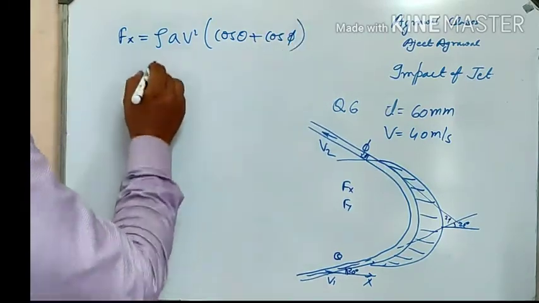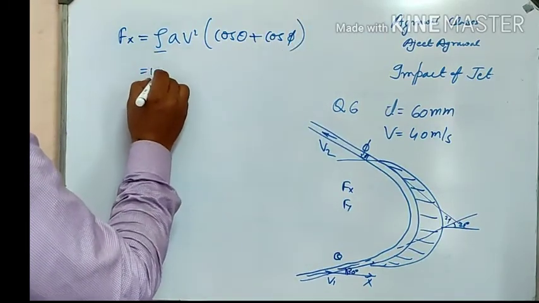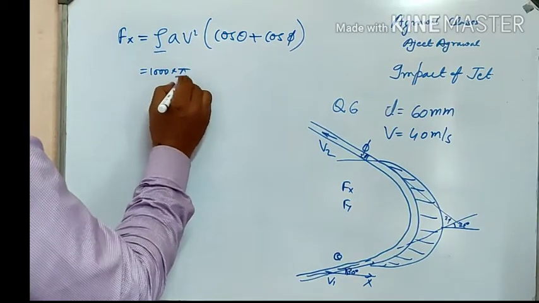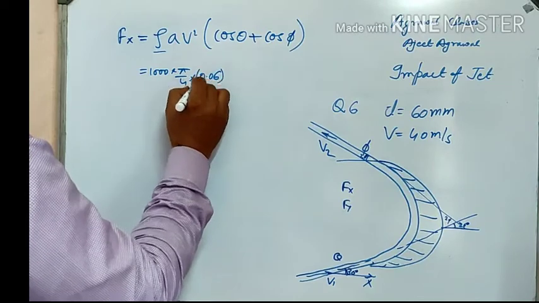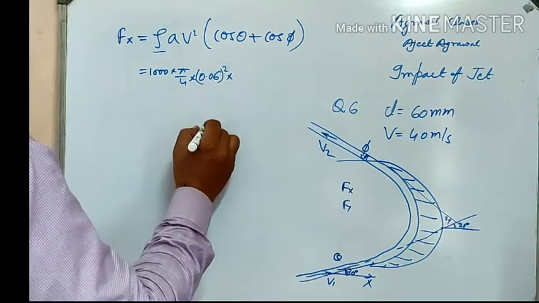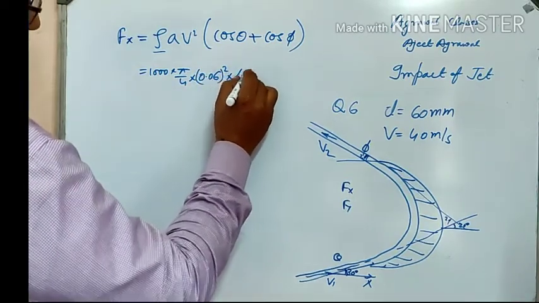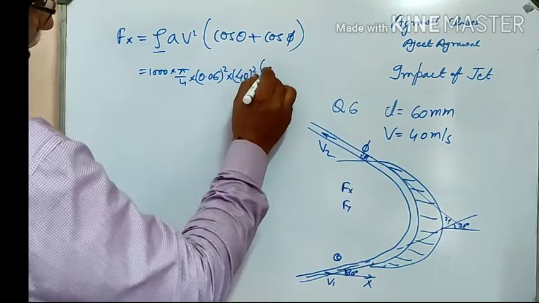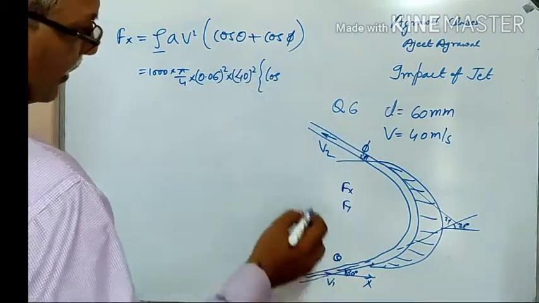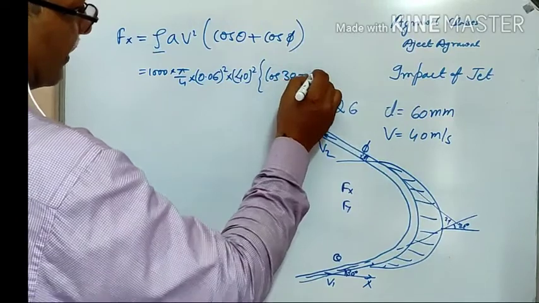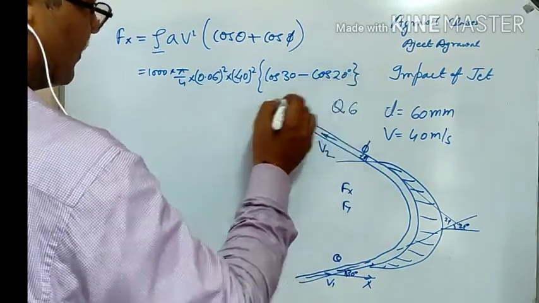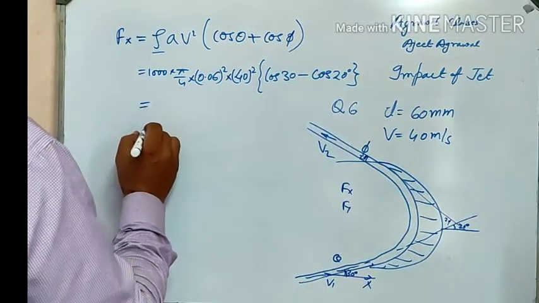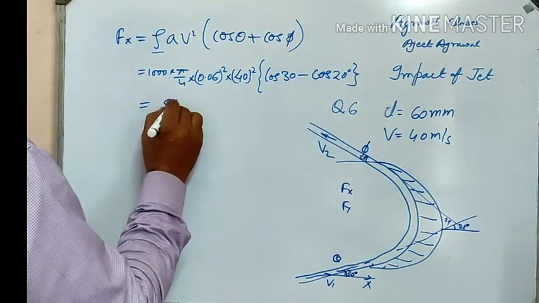Substituting the values, rho equals 1000 multiplied by pi by 4 into d square, that is 0.06 (60 millimeter), multiplied by velocity 40 square multiplied by cos of theta, that is 30 degree, minus cos of phi, that is 20 degree.